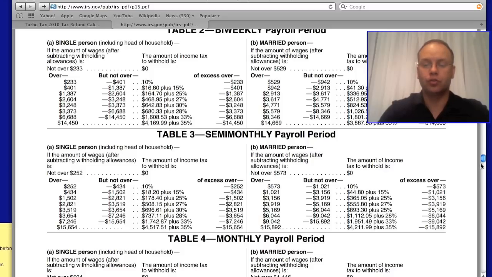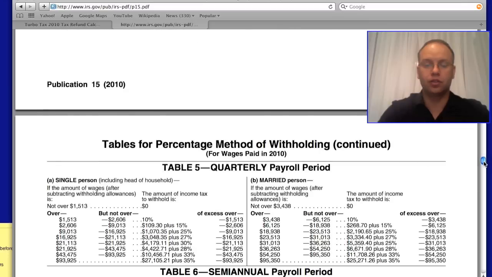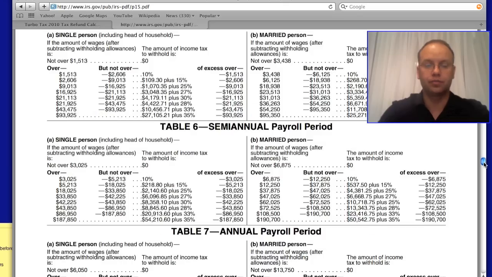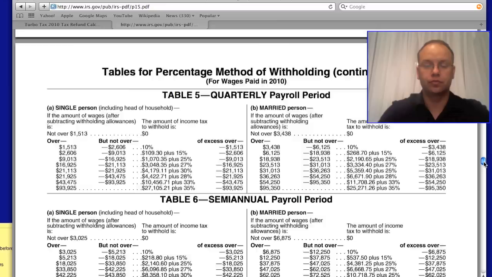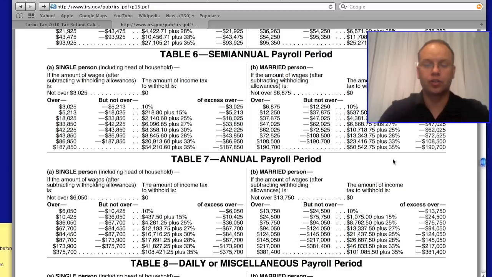So let's go to a little higher earner here so it'll be more relevant. So we can just go based off total salary here instead of weekly, and then I'll tell you how much. Let's say you had an employee that was in this range, $37,875 to $47,025.